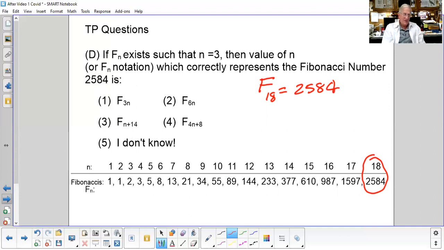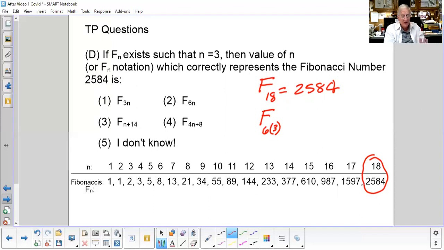Okay, if I want n to be 3 in my subscript, what do I have to do to 3 to make it become 18? I'd have to multiply it by 6, wouldn't I? So f sub 6 times 3, or f sub 18, is 2584.